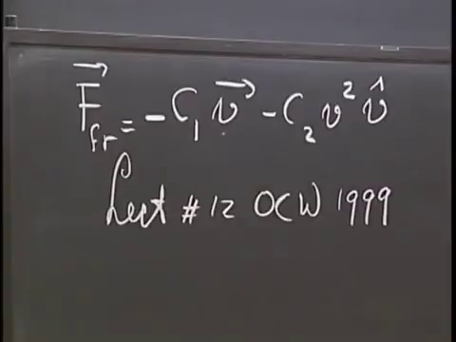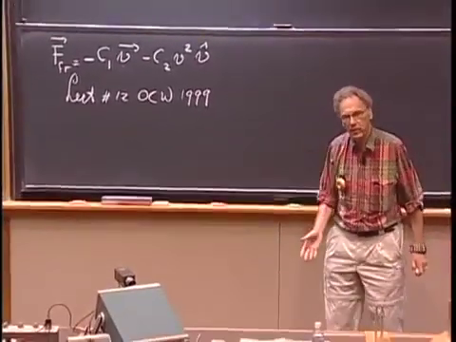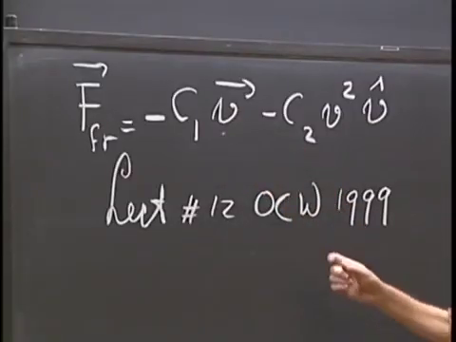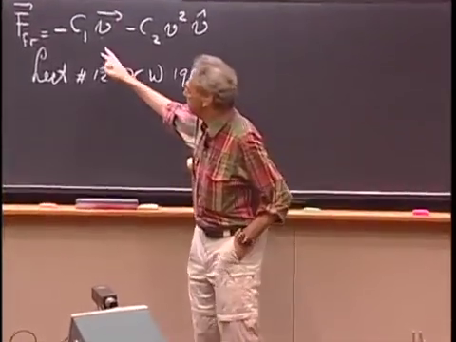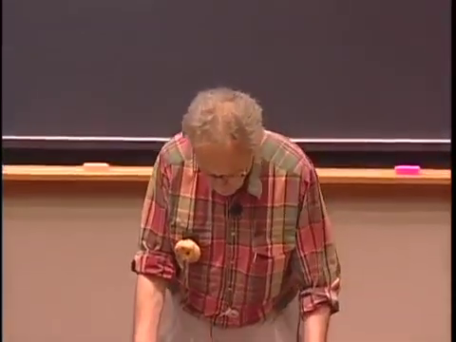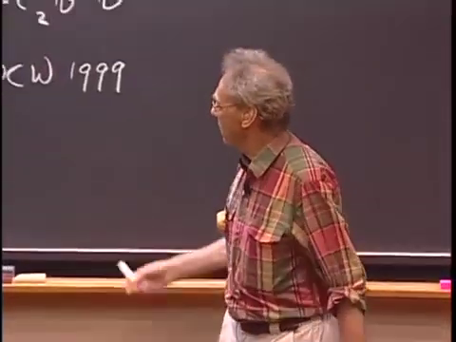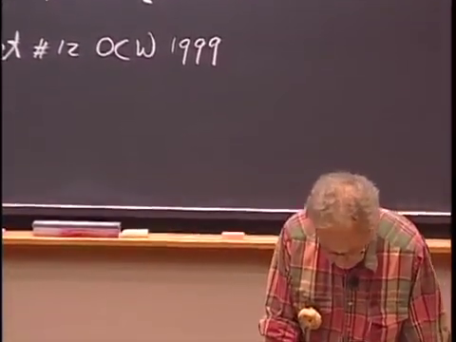But if you take ball bearings and you drop them in syrup, then the velocity is always very low, the speed is very low, and then this term dominates. And that's one of the experiments I do during this lecture to show you that indeed the predictions that follow from this part can really be verified quite beautifully. So if you have the patience, I would strongly advise you to watch that lecture.